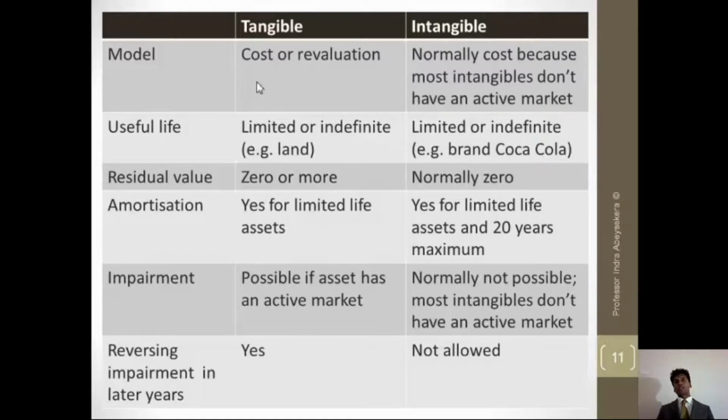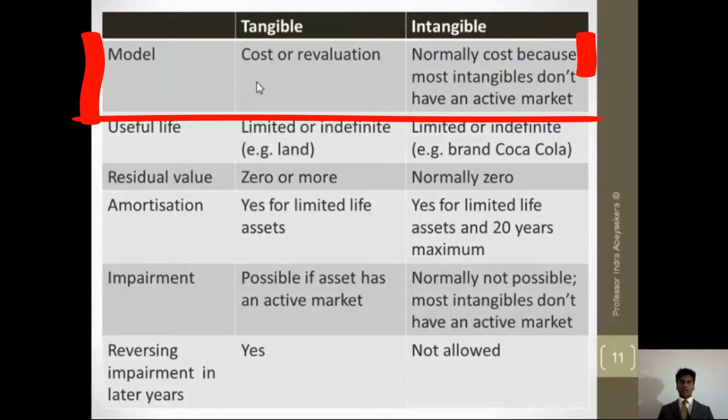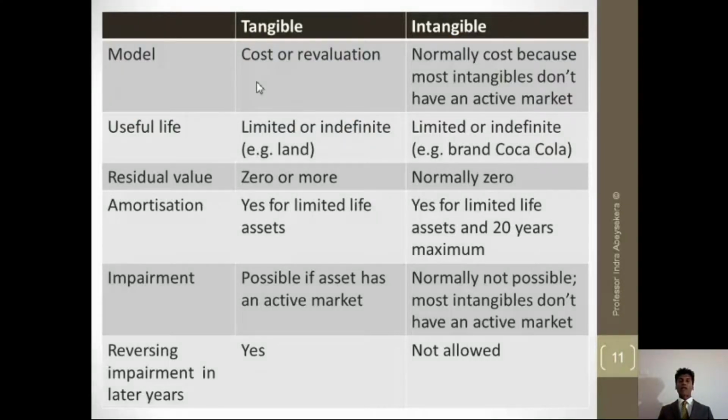Let's compare tangible assets with intangible assets. The model that we can use for tangible assets is a cost model or revaluation model. For intangibles, we generally use the cost model, because to use the revaluation model, intangibles should have an active market. Most intangibles do not have an active market.